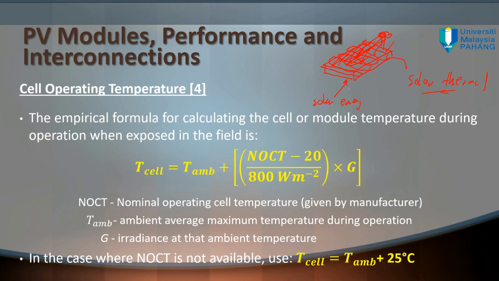For the cooling, the ideal one, let's say we get higher irradiance, but we also get higher temperature. So in order to lower the temperature, we are thinking about installing a cooling system. But the cooling system itself will need energy, for example to turn on the pump, turn on the fan, in order to cool the solar module.